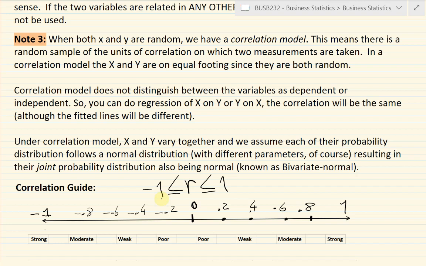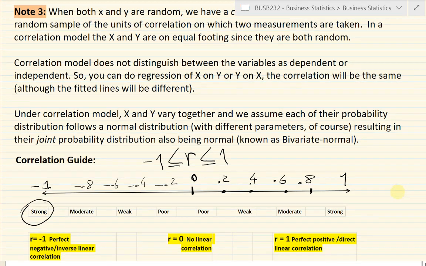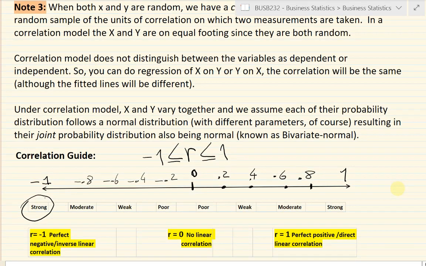Now, here's how we quantify it. If you have a strong linear correlation between x and y, but negative, there you go. The correlation is negative, so that is labeled as a strong correlation, but negative, between two variables. Anywhere from 0.6 to 0.8, you have what we call moderate.